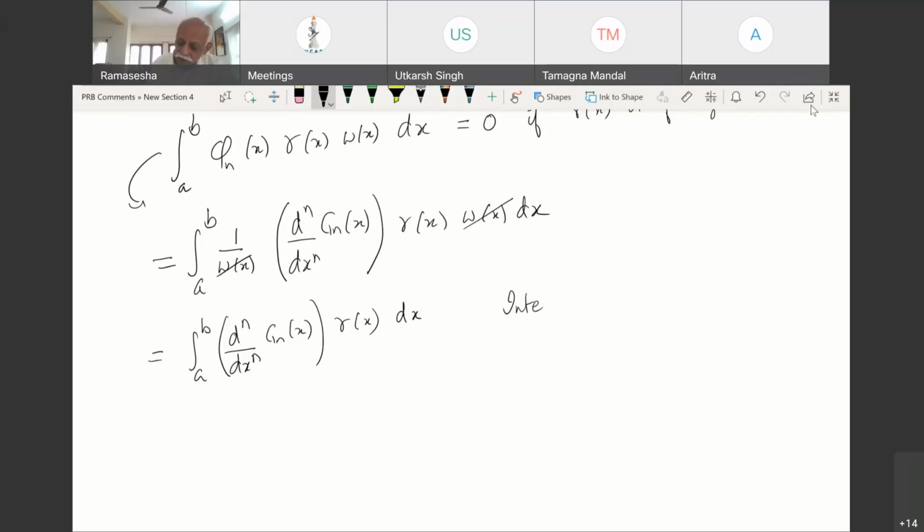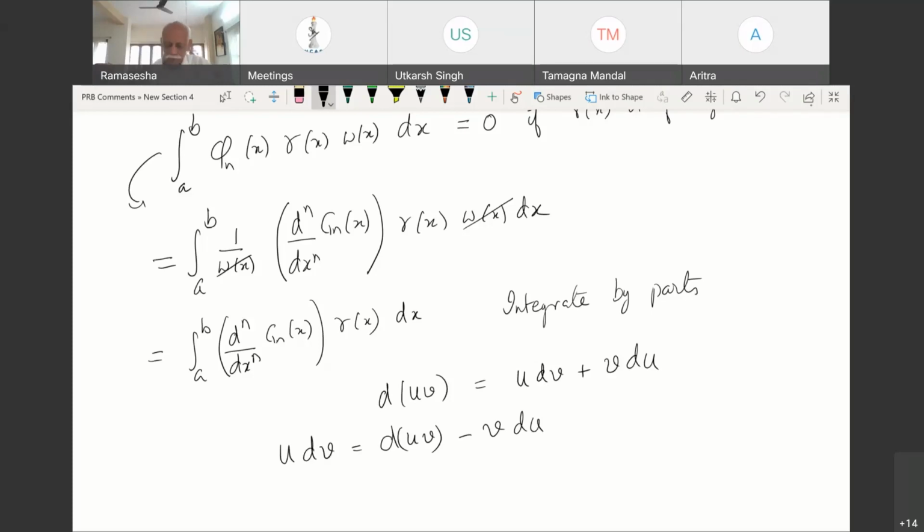I suppose you know how to integrate by parts. So the integration by parts is the following. You know that d(uv) is equal to u'v plus v'u, which is u dv plus v du, right? So I can take u dv is equal to d(uv) minus v du.